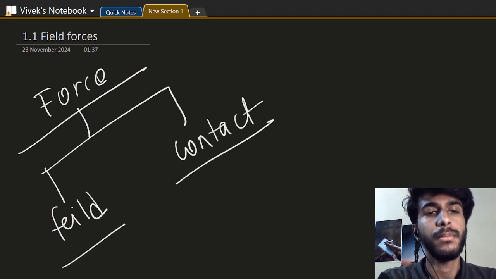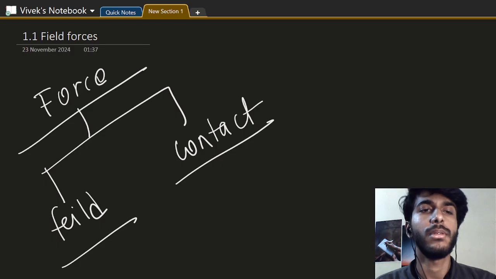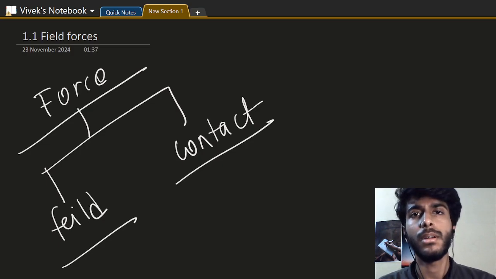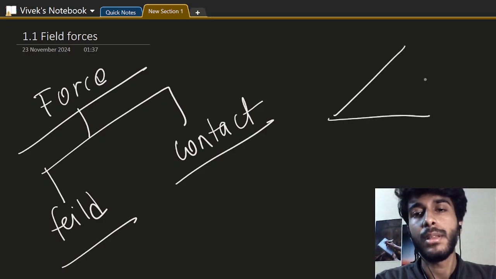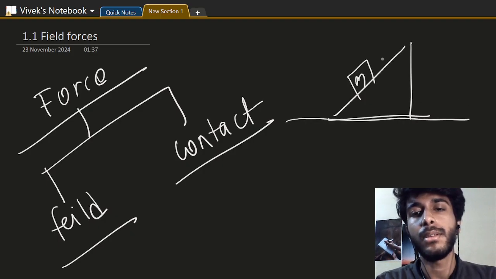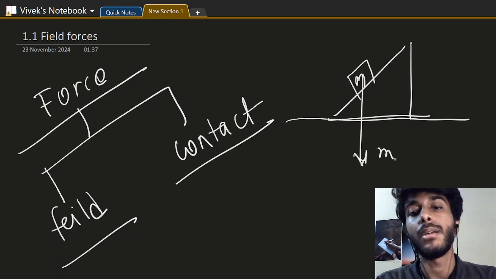So what is field force? Field force means that it doesn't require any contact between the two objects. Let us take an example. There is a wedge, and mass m is kept there. Even if this mass m is not in contact with the ground, gravitation will apply a force of mg on it.